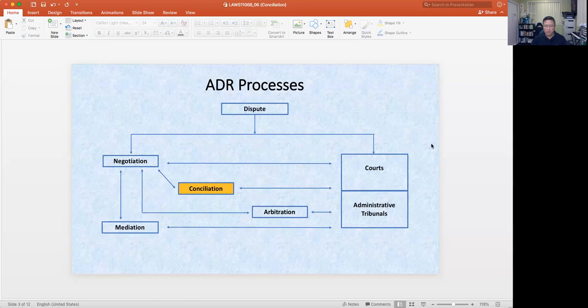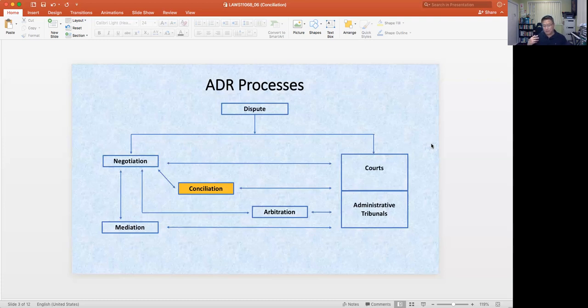It's fraught with emotions for a lot of self-represented litigants, and even those with lawyers. There's a lot of uncertainty and unfamiliarity with the court process. And the litigants, when they go to court, really have little control of how the process will unfold. They have little control about what the outcome will be.